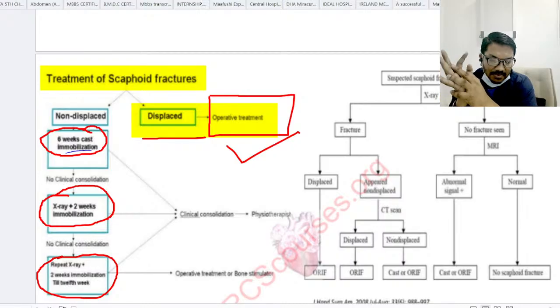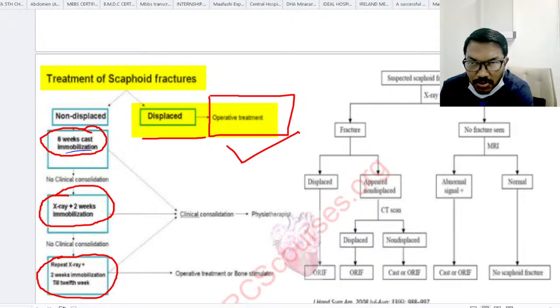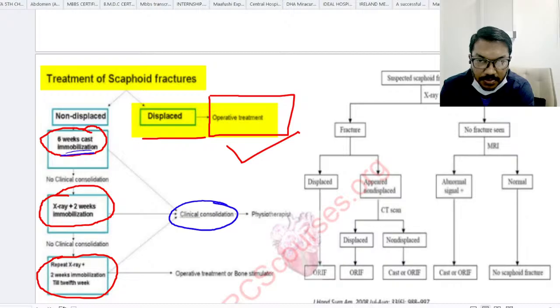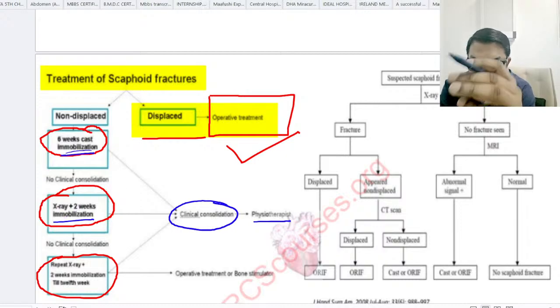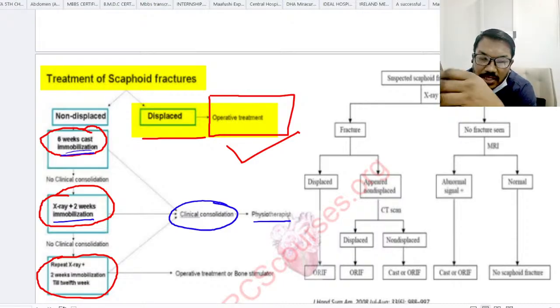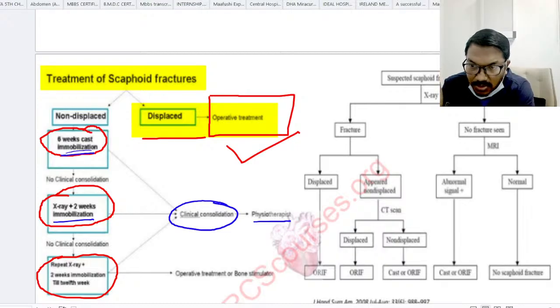If there is a little stiffness, then we advise physiotherapy. So 6 weeks cast immobilization, then clinical consolidation and physiotherapy. If no clinical consolidation, then X-ray after 2 weeks. In X-ray, if we find it is still not united, then we can extend it for another 2 weeks. If no clinical consolidation, X-ray, comparative view, bone.